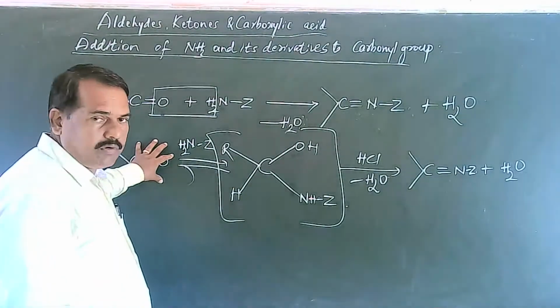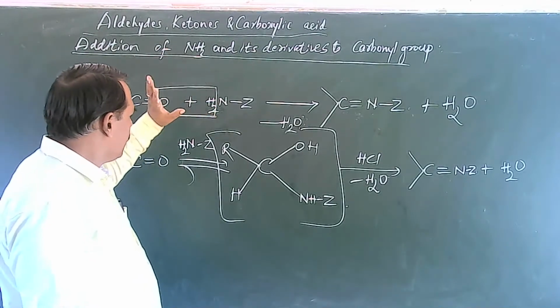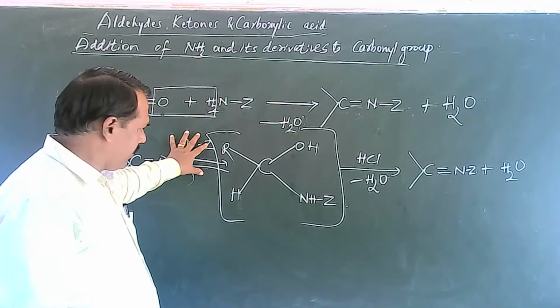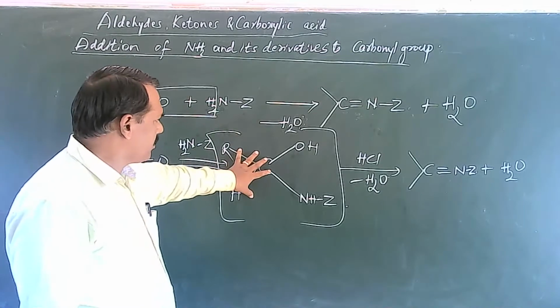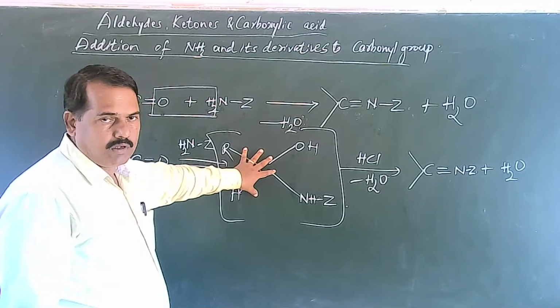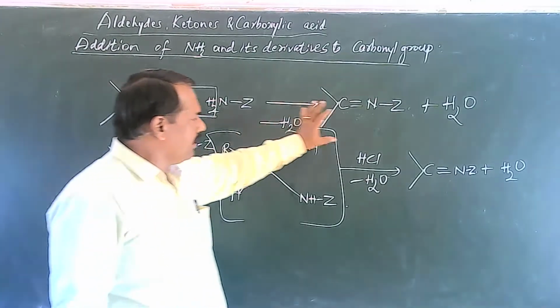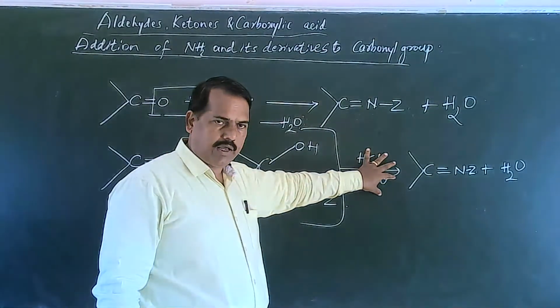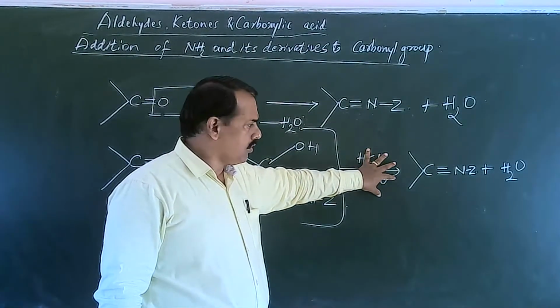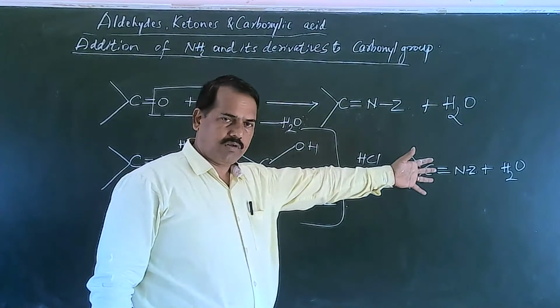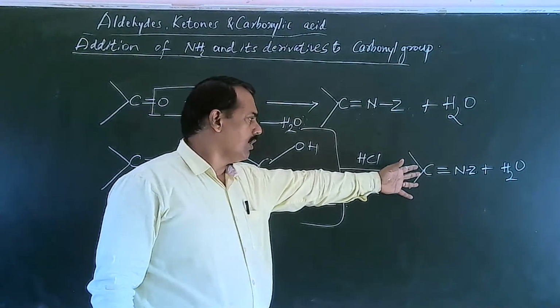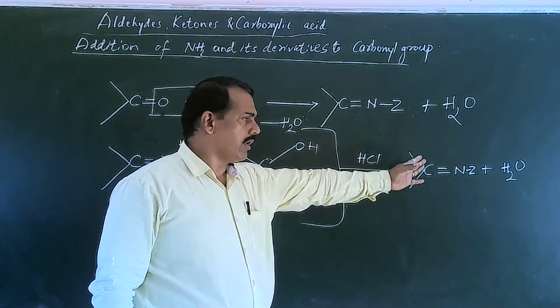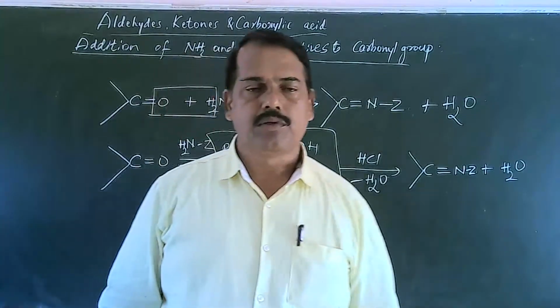When the carbonyl group of an aldehyde or ketone reacts with ammonia and its derivatives, it forms an intermediate. This intermediate, on reacting with a mineral acid, undergoes rapid dehydration, removal of a water molecule, and we get a carbon to nitrogen double bond.